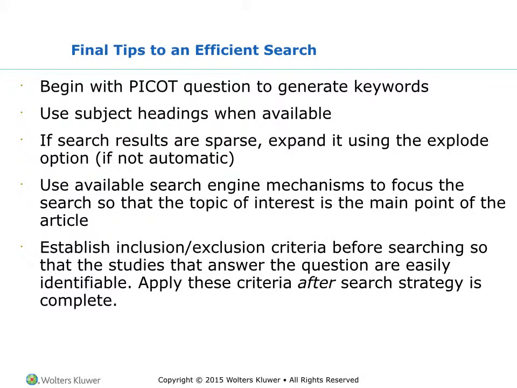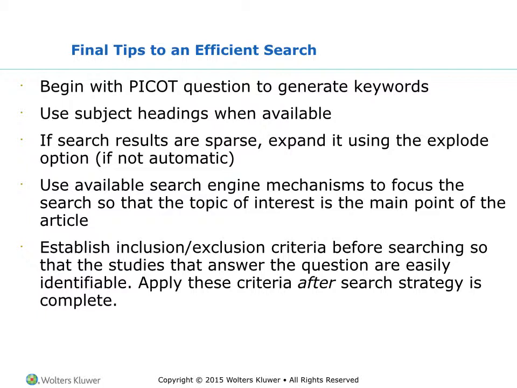And think about the studies that you want to include to help you answer your question, and what criteria you would use to exclude a study. So you may want to exclude studies of a particular gender. You may want to exclude studies that were done in a different geographic location, depending on what your issue is.